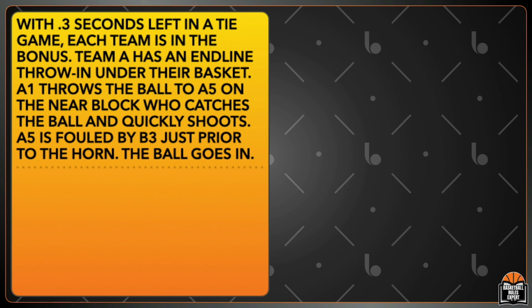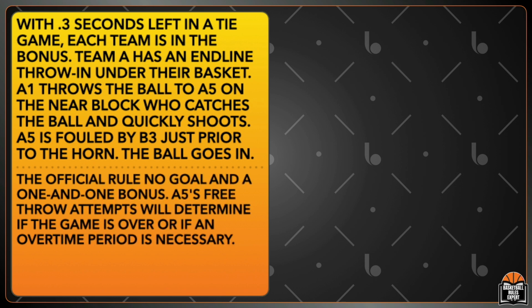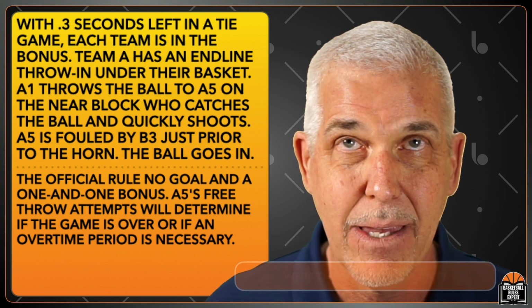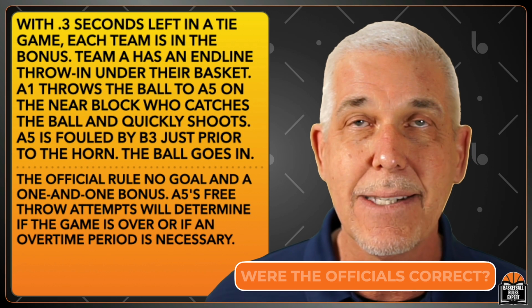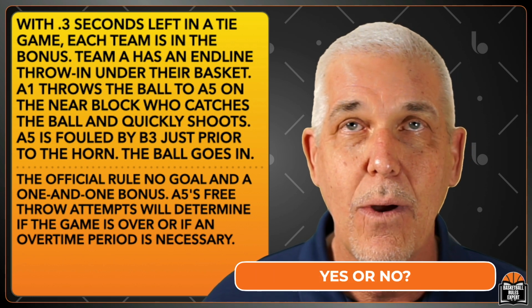A1 throws the ball to A5 on the near block, who catches the ball and quickly shoots. A5 is fouled by B3 just prior to the horn, and the ball goes in. The officials rule no goal and a 1-and-1 bonus. A5's free throw attempts will determine if the game is over or if an overtime period is necessary. Were the officials correct? Yes or no?